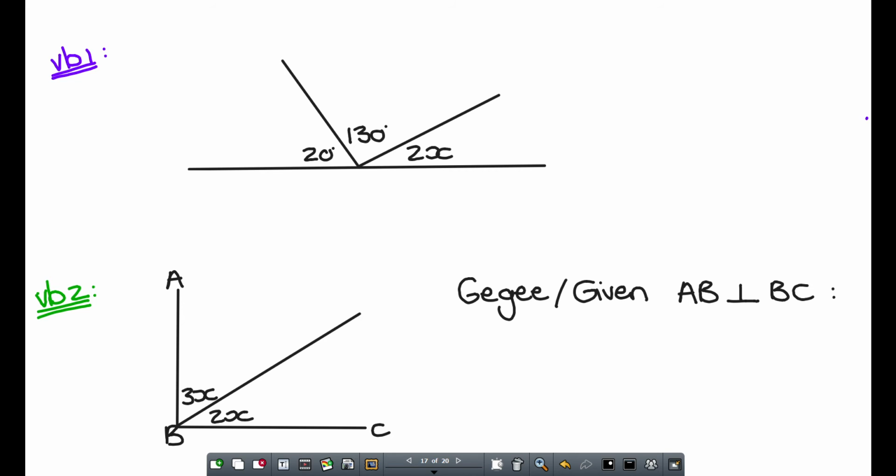And then we just solve x. Okay, so that would be your first step.